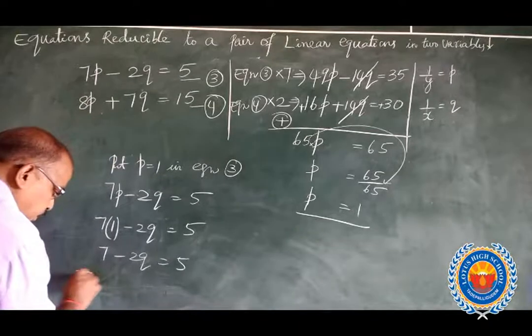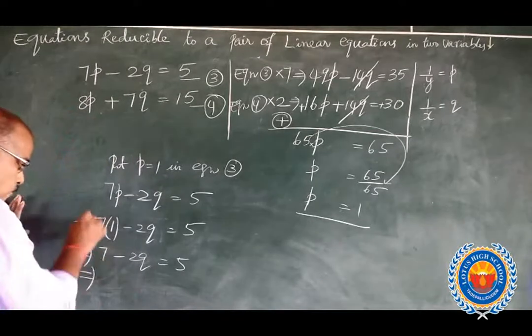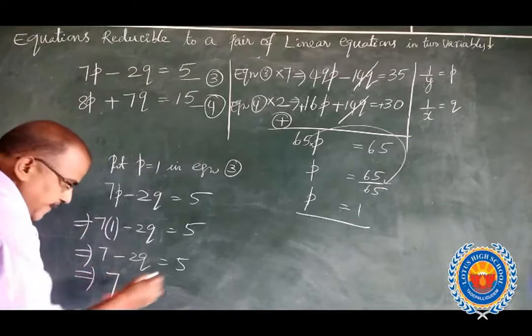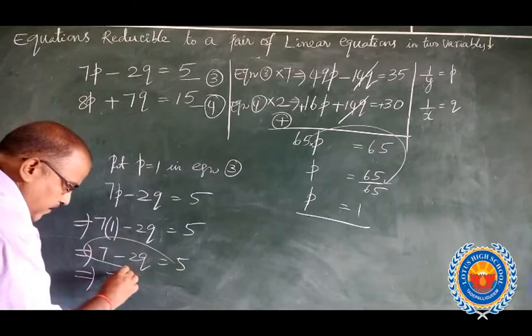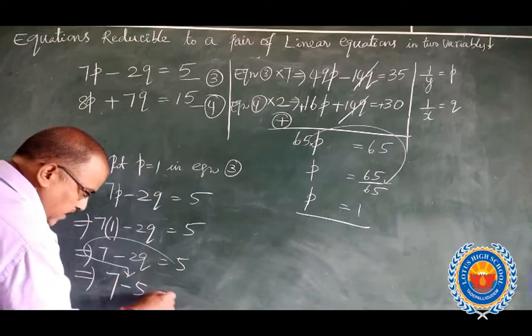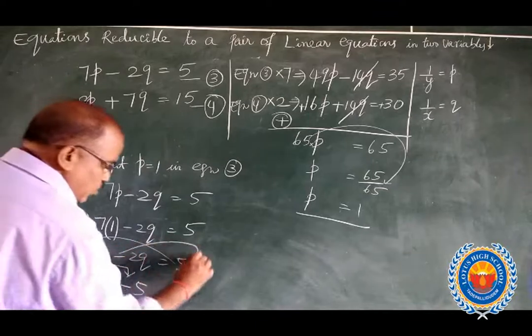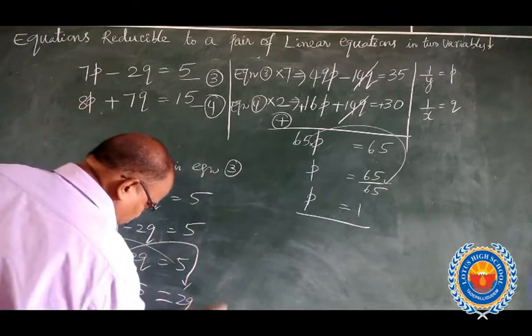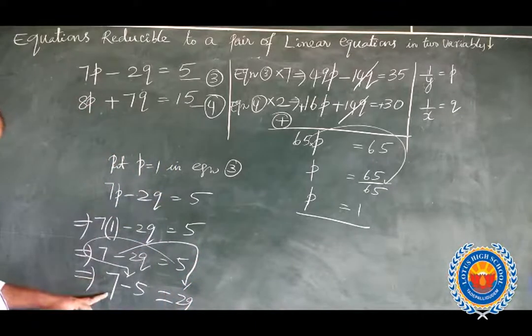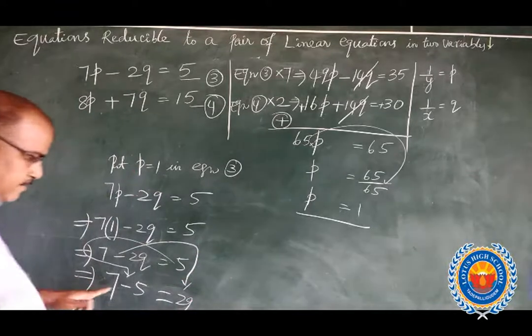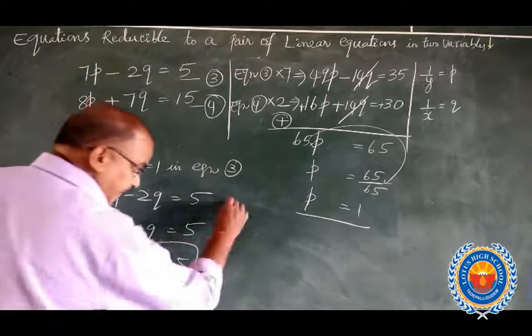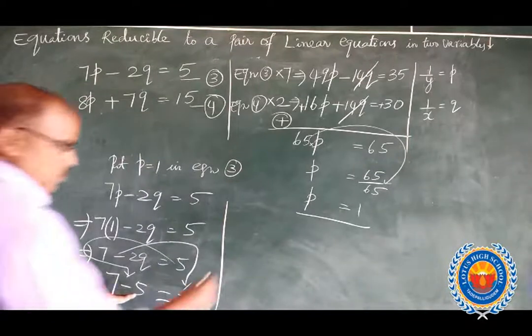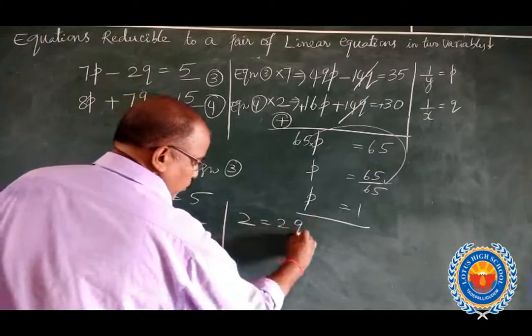Here carefully listen. The plus 5 will be transposed from that side to this side as minus 5, and the minus 2q will be plus 2q. That's why 7 minus 5 is equal to 2q, so 2 is equal to 2q.